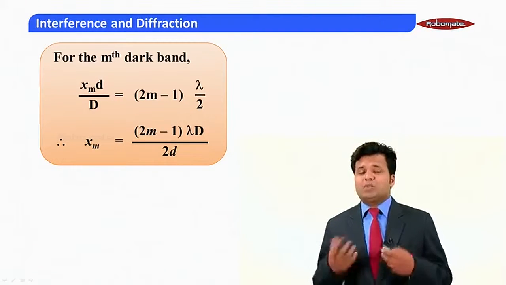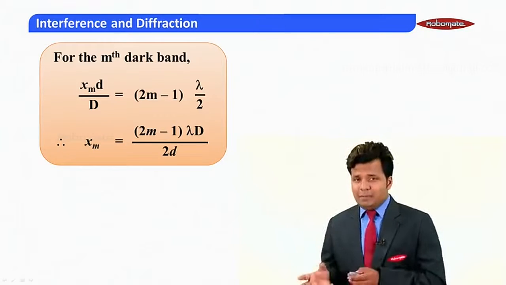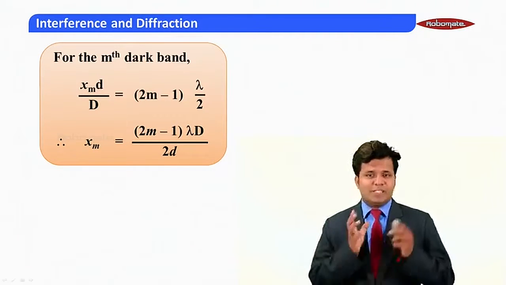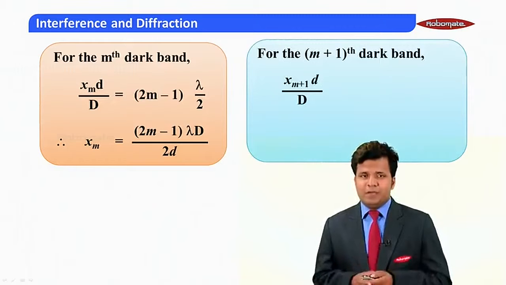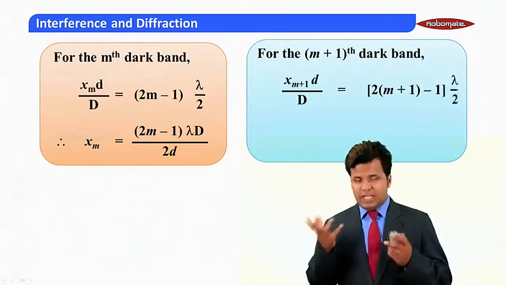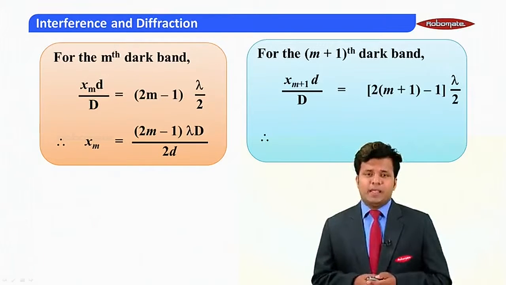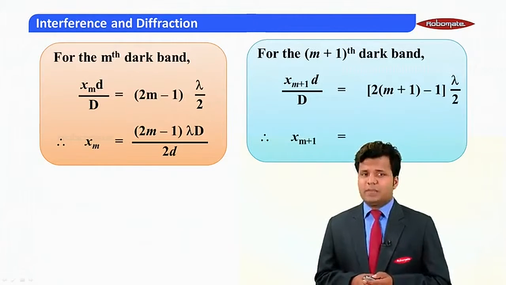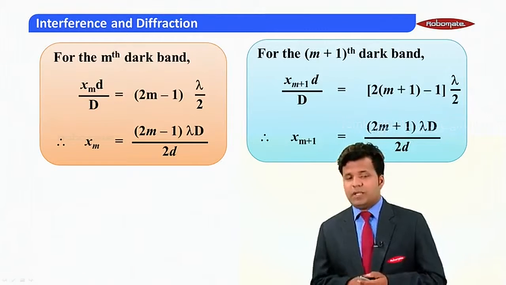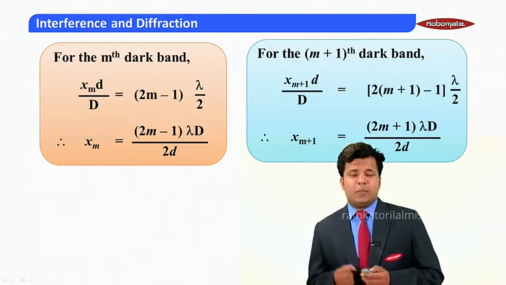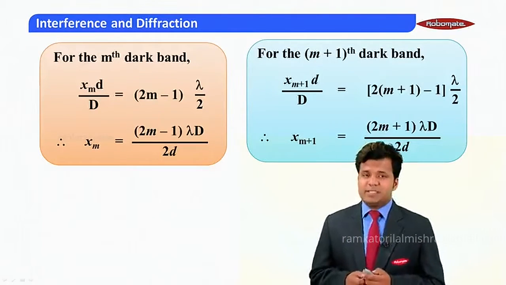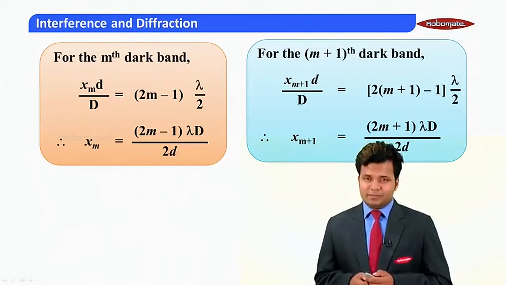And for m plus 1, wherever there is m, substitute m plus 1. The format would look exactly like the above line. Now, by simplifying, xm plus 1 would be equal to 2m plus 1 lambda D upon 2d. But this is not what is required.